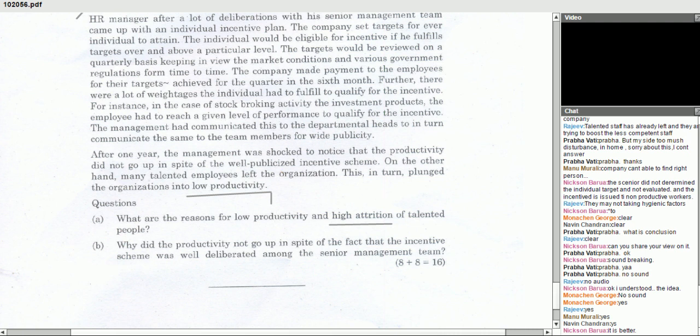So they can work in a much more relaxed atmosphere in the new company rather than in the same organization. That's the main reason they have left the organization, and as a result of the shortage of talented employees, their productivity has gone down. Clear?